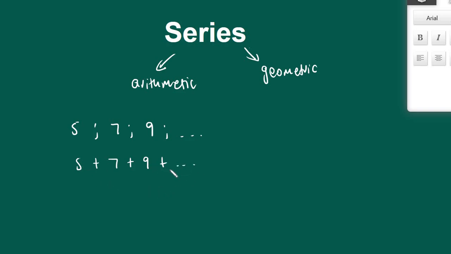So if I wanted to add all of those terms, then I've turned this from being a sequence into now a series. You are adding the terms in that pattern, in that sequence.